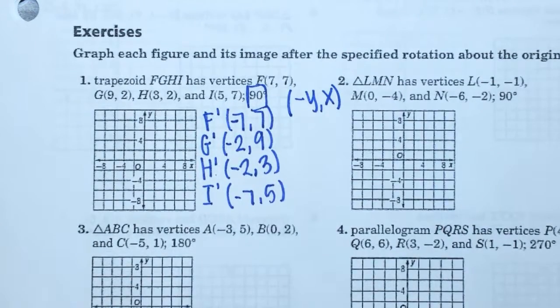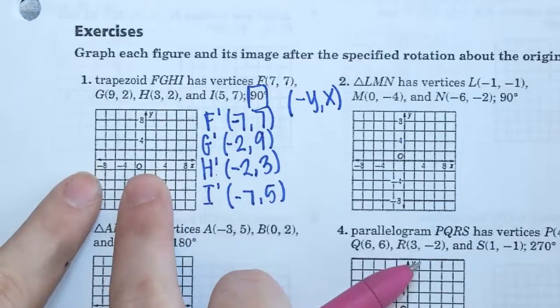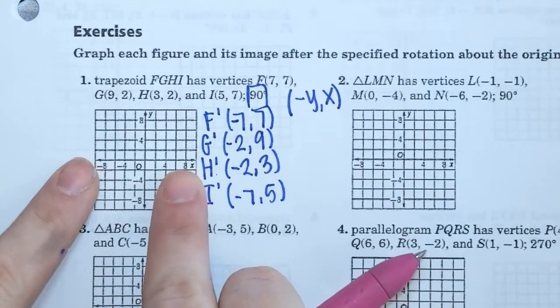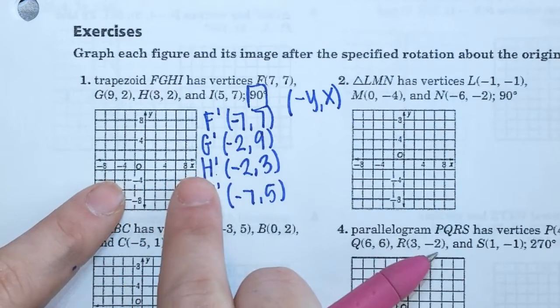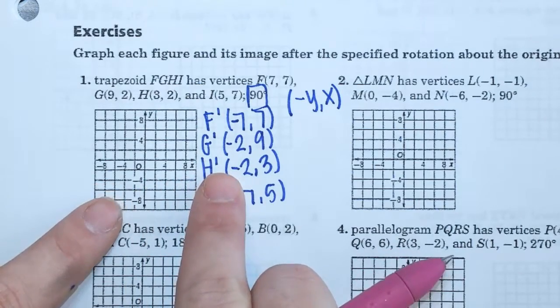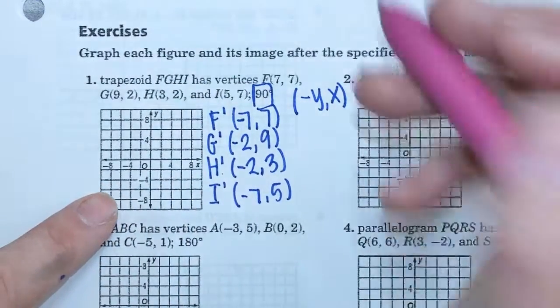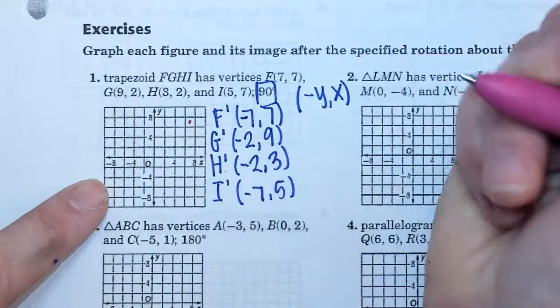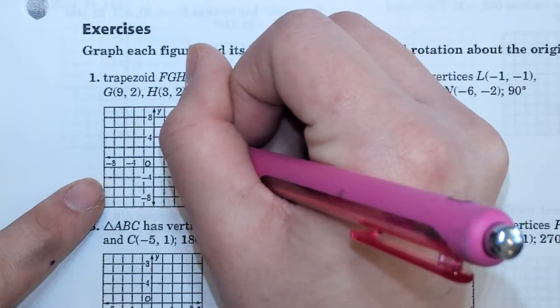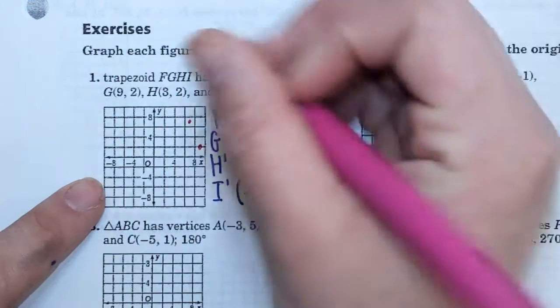Okay, so I need you to go plot the original and the new image. Watch, though, because these boxes are counting by twos. They're counting by twos. So if you have an odd number, it's going to be in the middle of a box. Okay? Oh man, I messed up already.